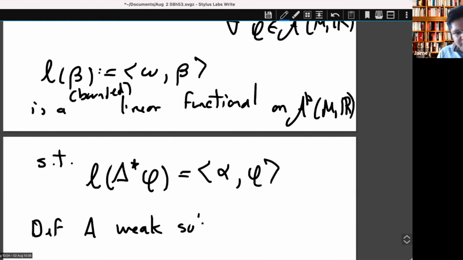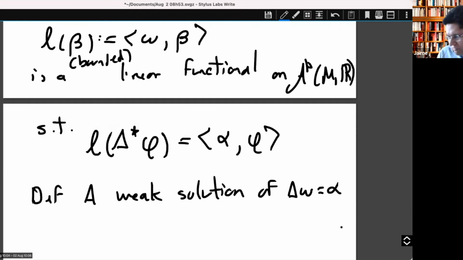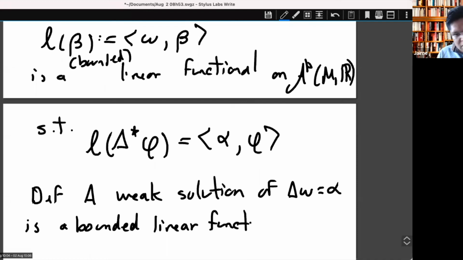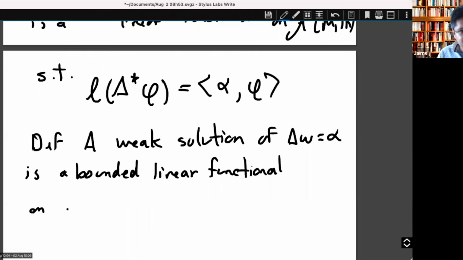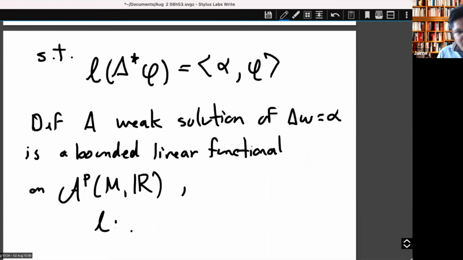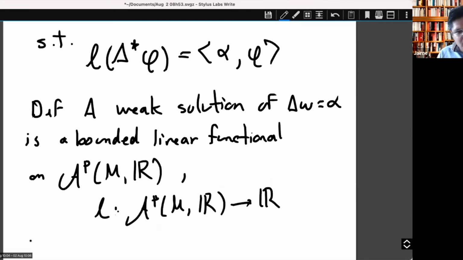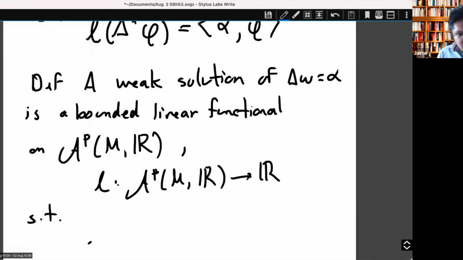A weak solution of the equation nabla omega equal to alpha is a bounded linear functional on A^P, I mean, L goes from A^P to R, such that, okay, we require what we found.